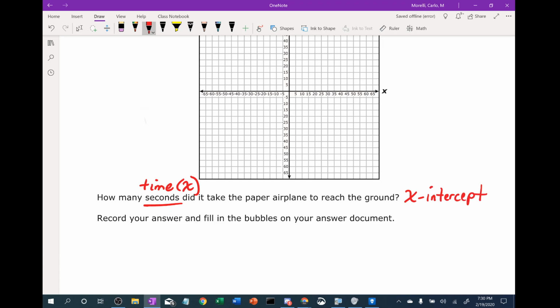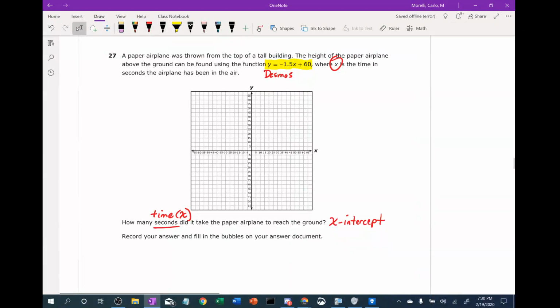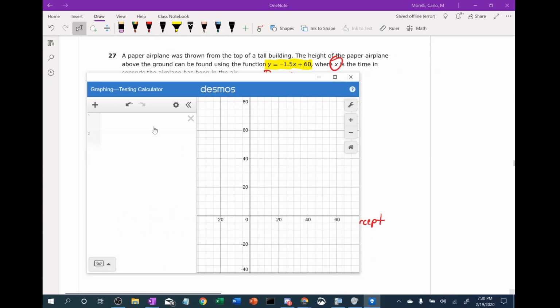All right, so what we can do is just go to Desmos and put in y equals negative 1.5x plus 60. All you have to do is click on the x-axis. And this is the answer right here, 40.